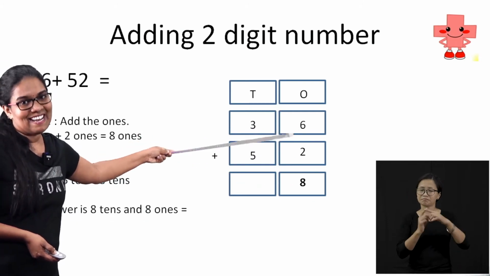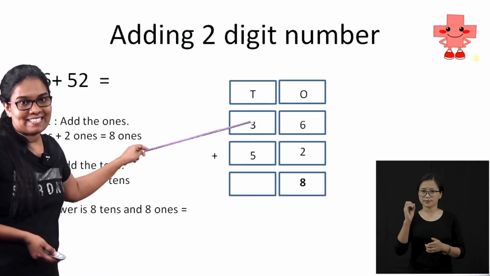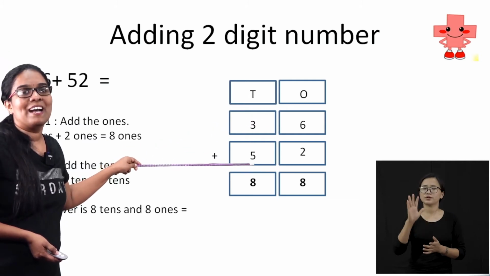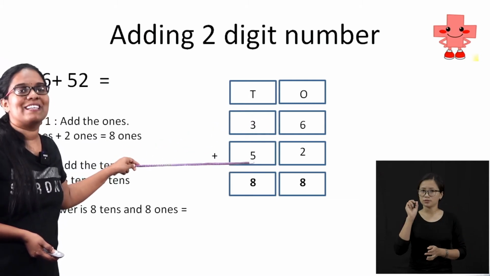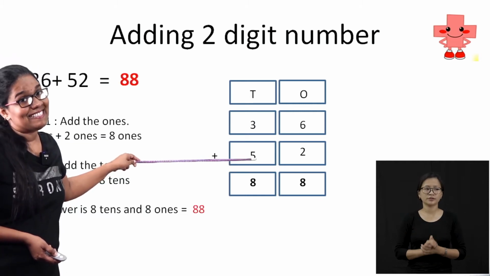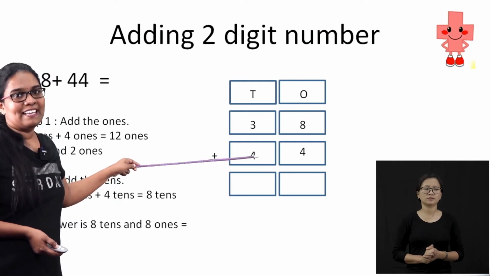Next, we add the numbers in the tens place, 3 plus 5, which is equal to 8. So our answer is 88.